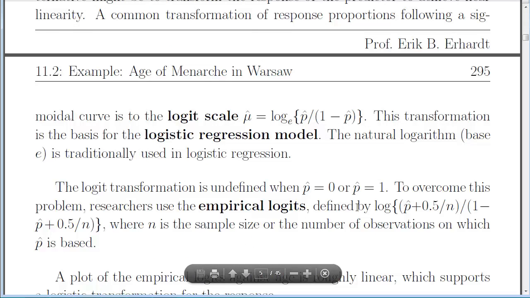So the empirical logits are defined by adding a small correction to p hat. So we're going to add to p hat 1/2 divided by n. Now n here is the sample size, the number of observations on which p hat is based.